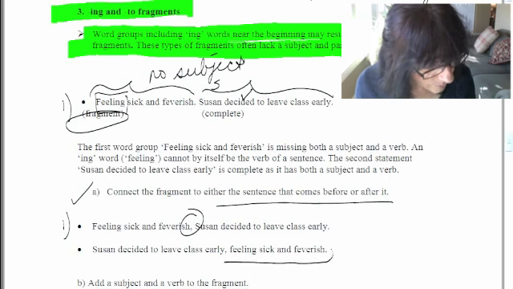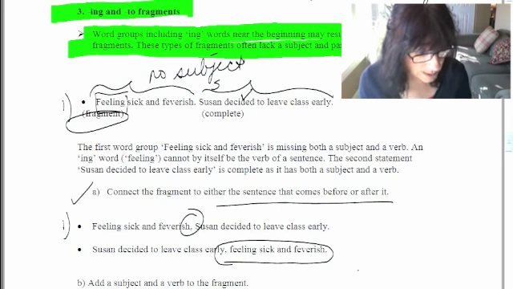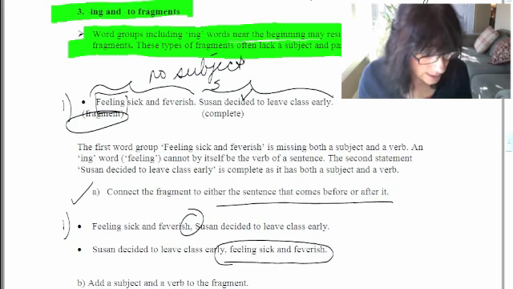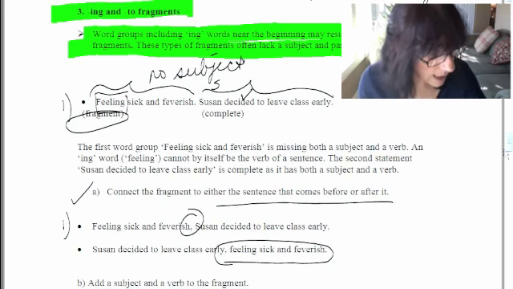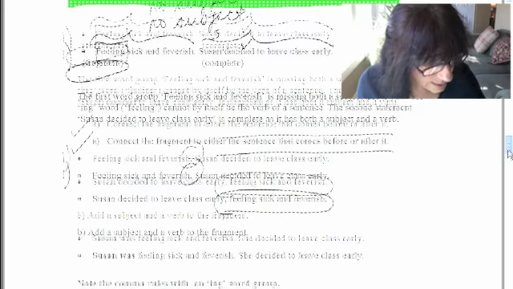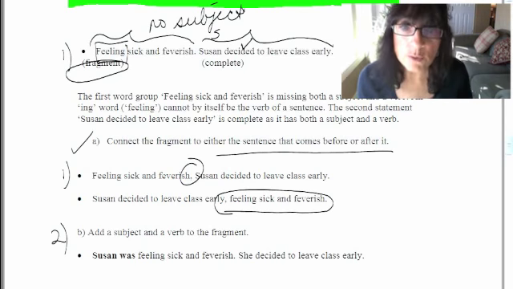So you can put it at the end. Either way, but you notice that there's a comma. There's a comma if you begin with this thought, and there's a comma just before the thought if you end with it. So that's one way you can correct it. You can connect the fragment to the sentence either before or after, whichever makes better sense to you. A second method is you can add a subject and a verb to the fragment.